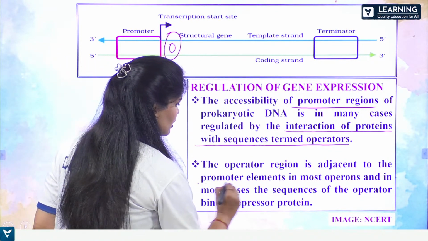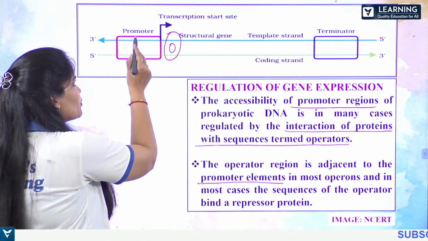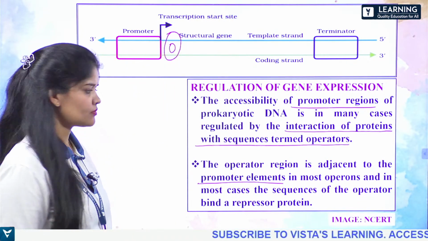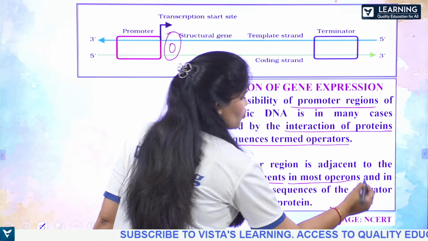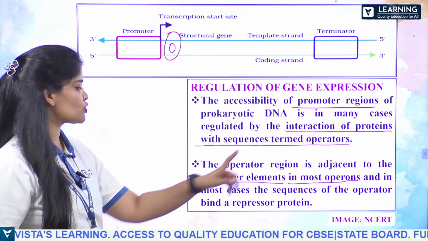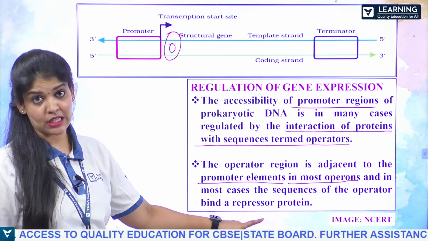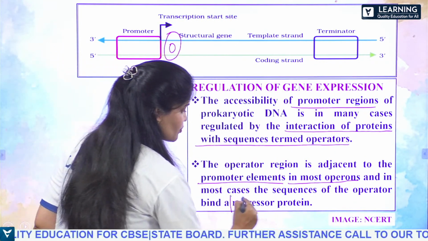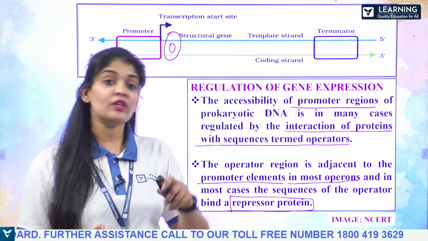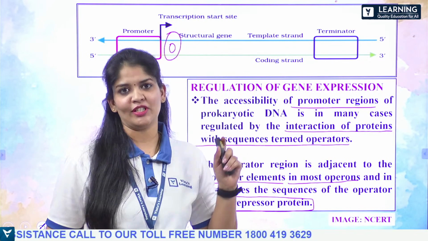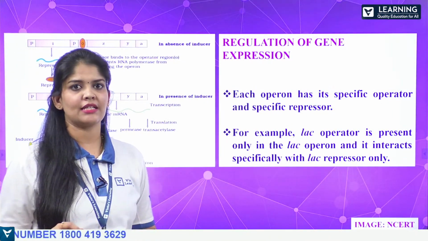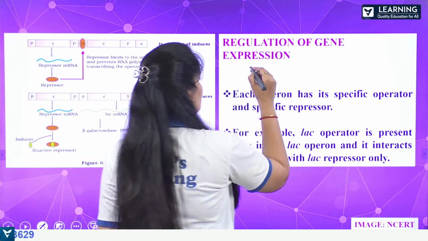The operator region is adjacent to the promoter element. Here is a promoter, and adjacent to it we find the operator in the operons. In most operons, the operator sequence binds to repressor proteins, and these repressor proteins regulate negatively. If they regulate positively, we call them activators, right?